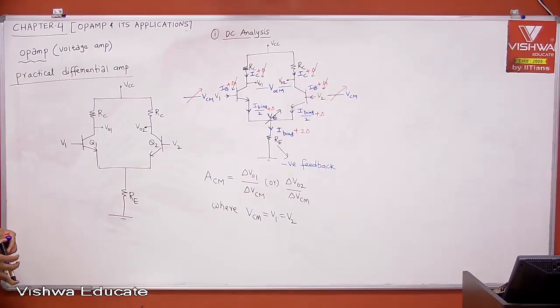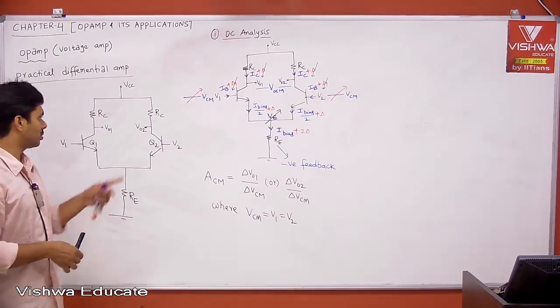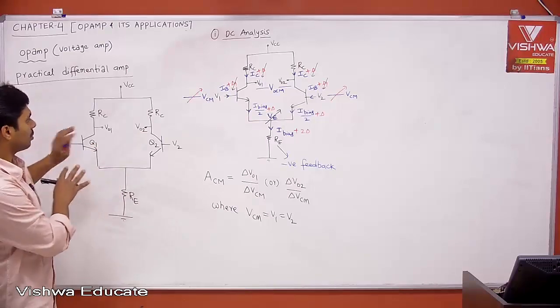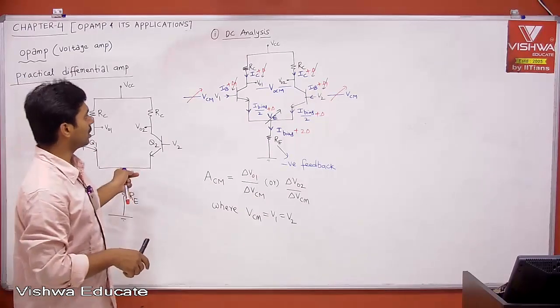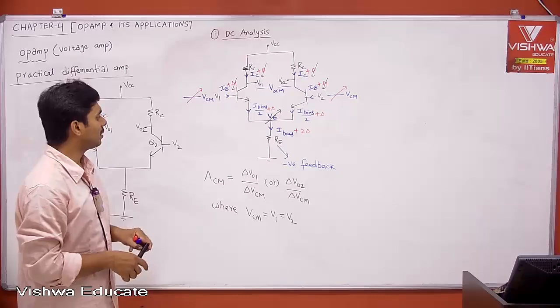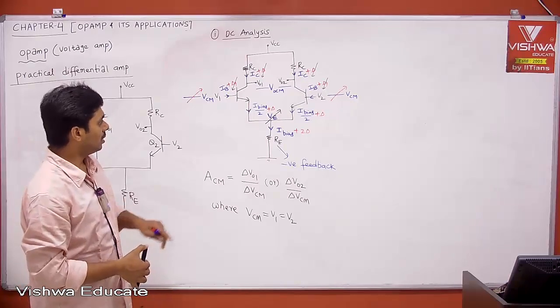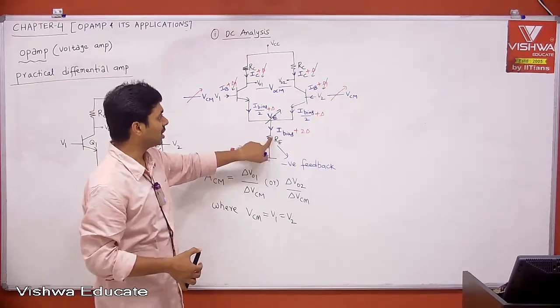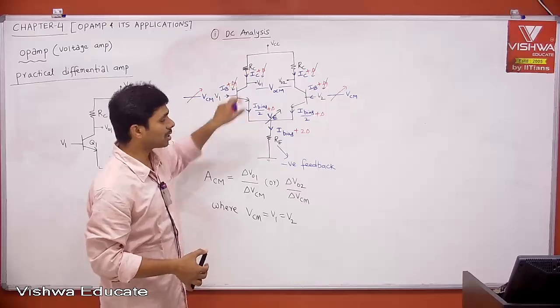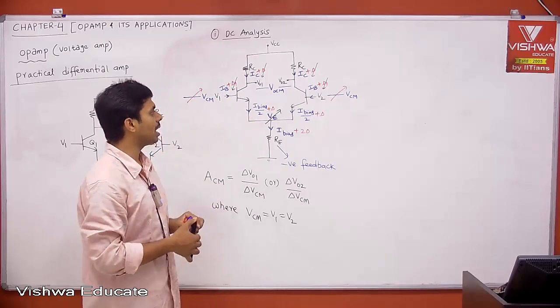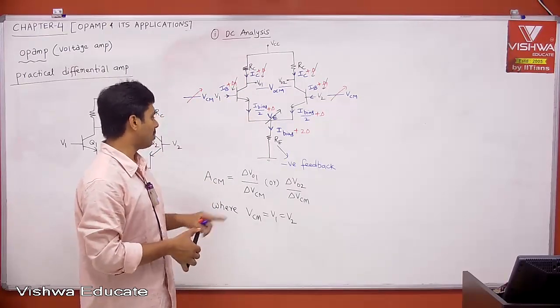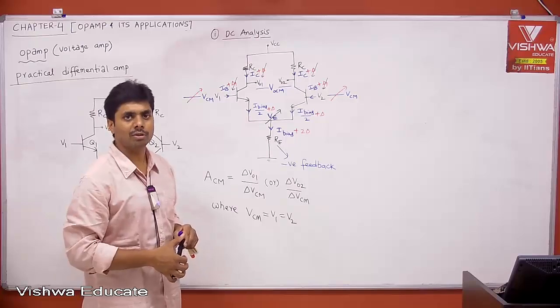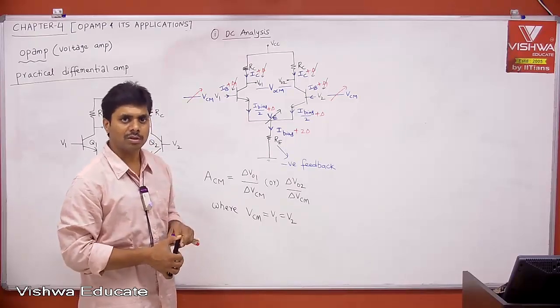Almost 5 to 6 minutes time is there for the session. Then you try to draw this. I am not disturbing the original circuit. This is the original circuit, but we are doing DC analysis. Therefore for DC analysis, this RE is not completely rejecting the change in IC. It is rejecting but not completely. It is the same as the CE with RE amplifier. Now we need to find the common mode gain. Ideally we want the common mode gain to be 0 or as minimum as possible.